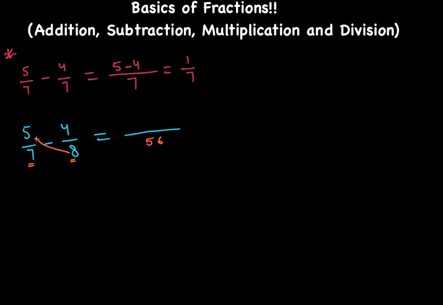So 8 times 5 gives me 40, and 7 times 4 gives me 28. Then you subtract them, which gives me 12 over 56. And you can reduce it further.